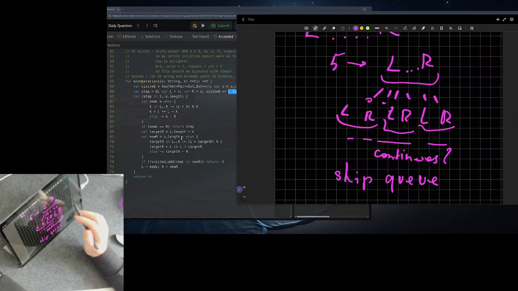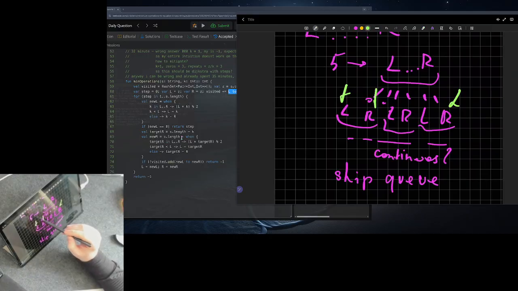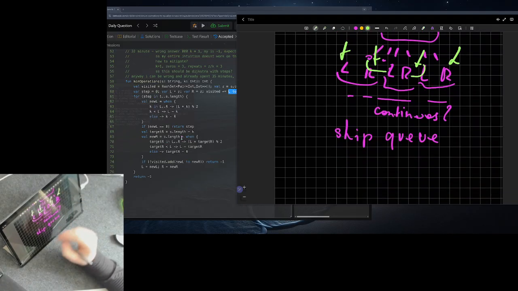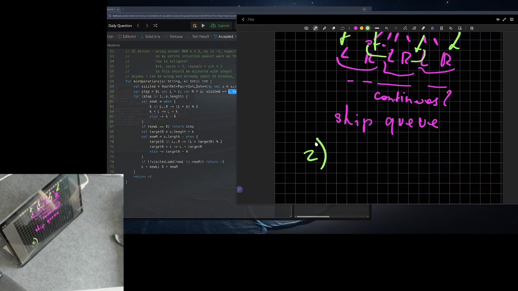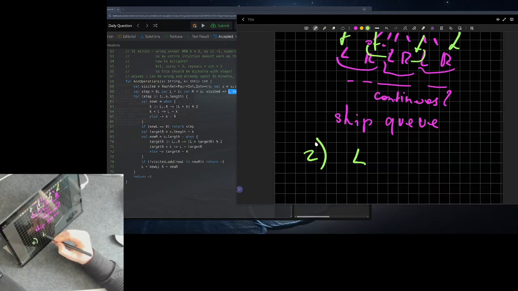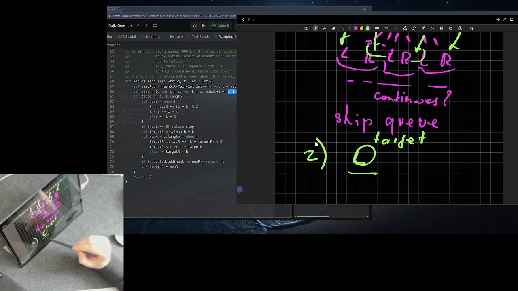Now, how can we find this new left and right, and what exactly numbers for the left and right do we want to pick? This is the second step of this intuition. By looking at this code, the left pointer target is target. Let's think about target. The target is 0, so 0 zeros.